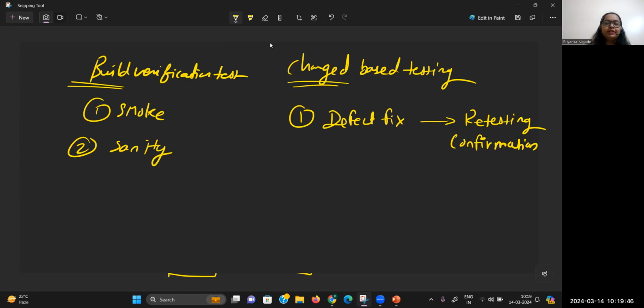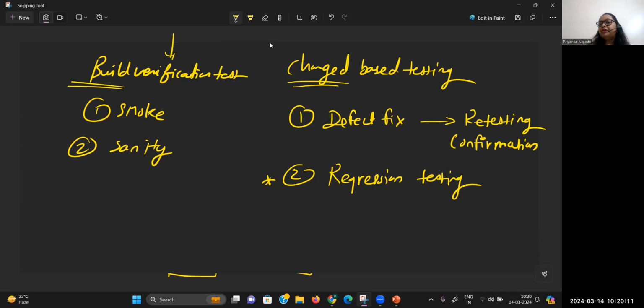And again, whenever there is a change related to the software, like any new feature got added, any feature got updated or deleted, then for every change we always go for regression testing. And regression testing is most important in automation too.